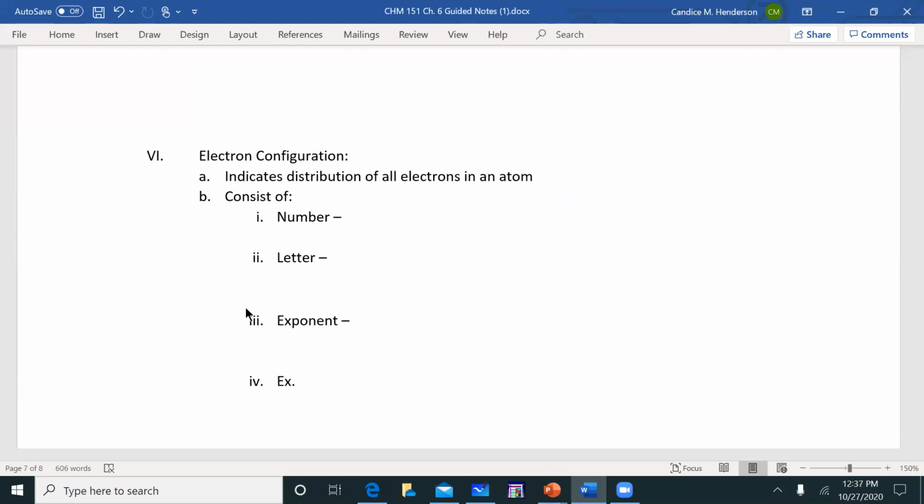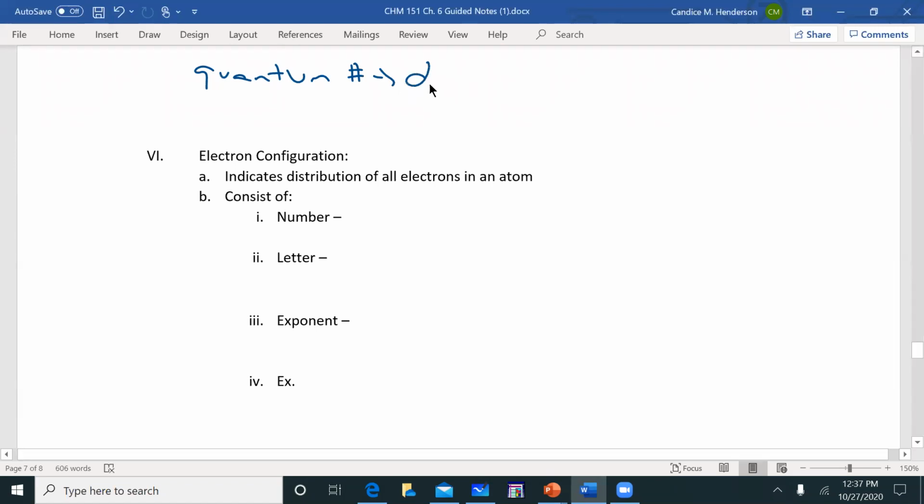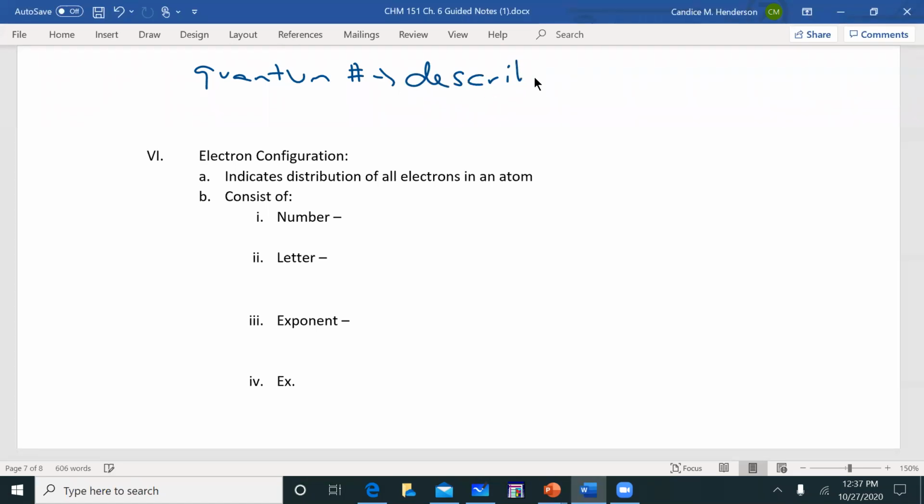Quantum numbers, what we've been spending the last lecture or so on, describe the individual orbitals, or spaces where the electrons hang out.